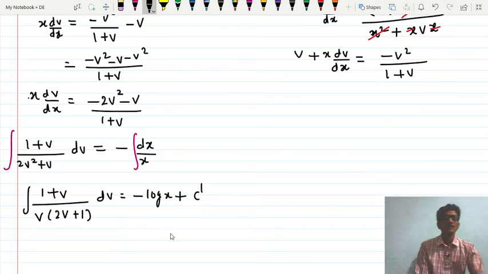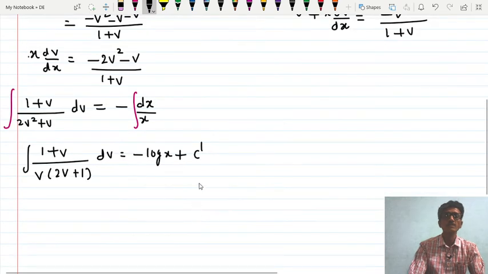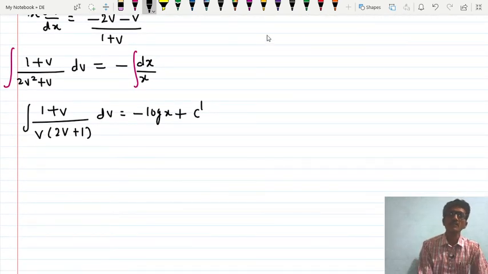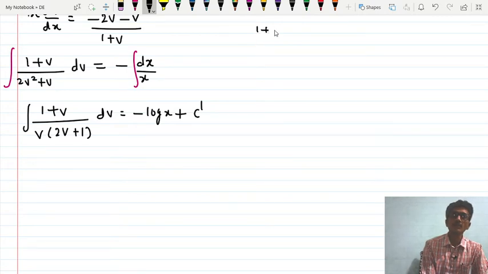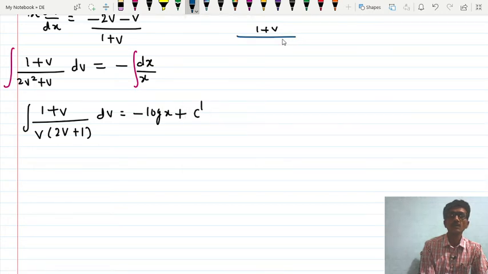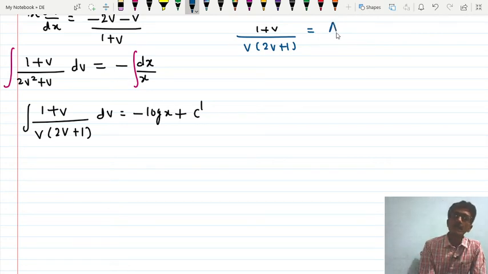Now we will be solving this by using the partial fraction method. 1 plus v upon v into 2v plus 1 is equal to a upon v plus b upon 2v plus 1.